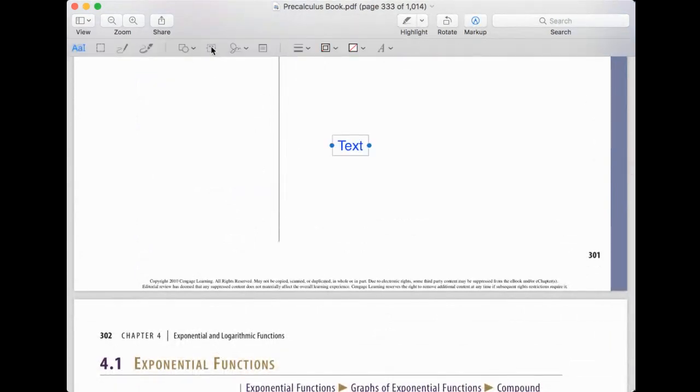Exponential functions have this standard form: f of x equals some number, let's call it a, multiplied by another number, the base b, raised to x. So b is also a number raised to x.